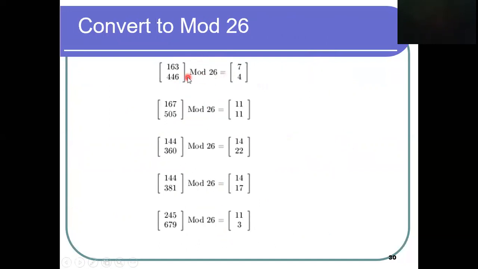After taking its mod, meaning dividing the elements which are greater than 26 and putting the remainder, this is 7, 4, 11, 11.